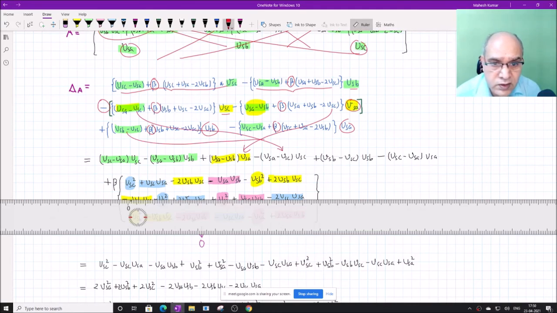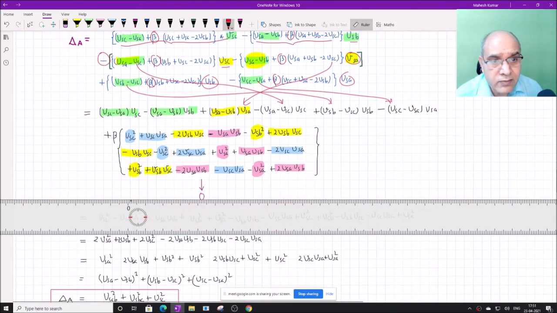The third one is this one here, and the last one is this one. Then comes the beta term. This is the first beta term which I have taken here. This is the first one.